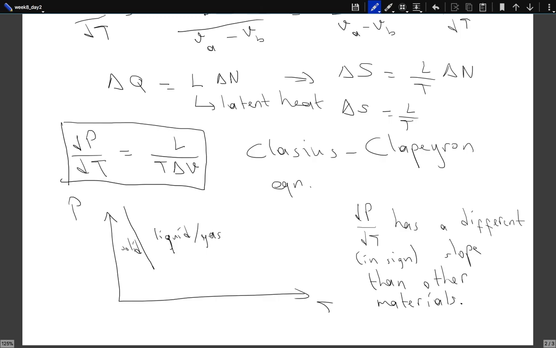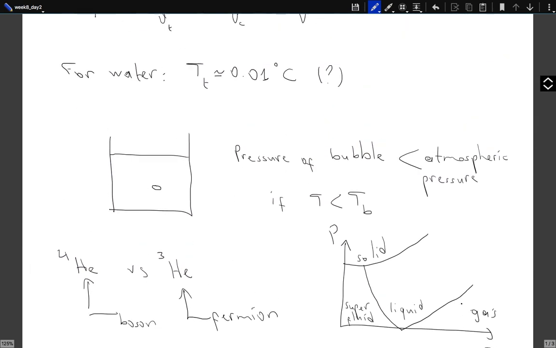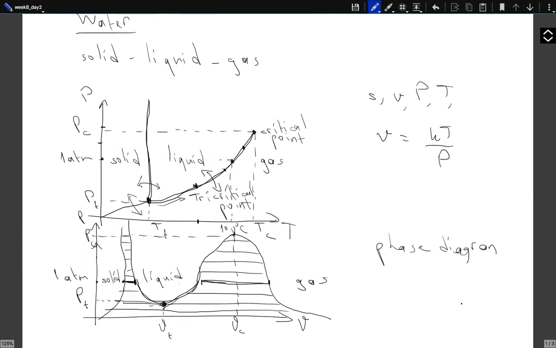Of course, this equation need not have a solution everywhere. If you try to apply that equation to the liquid-gas phase, the existence of this critical point tells us that that equation does not have a solution for T larger than Tc. So if you solve that equation, you will see that you can find a solution only up to that point.